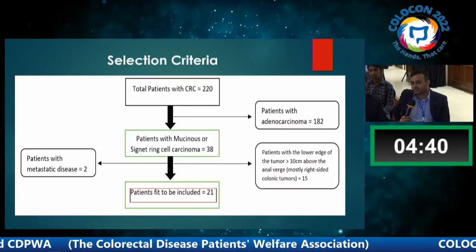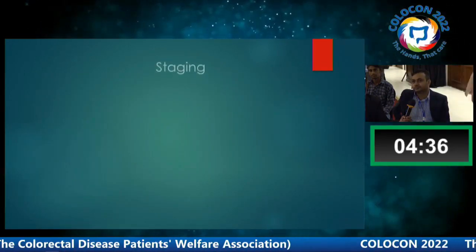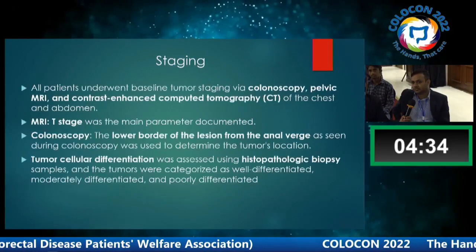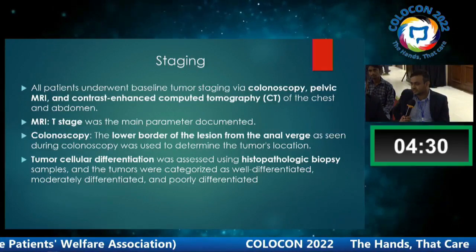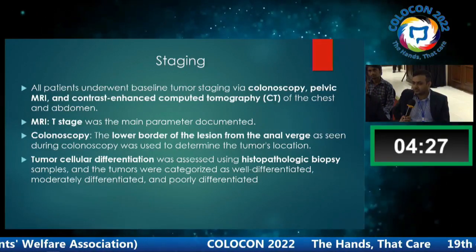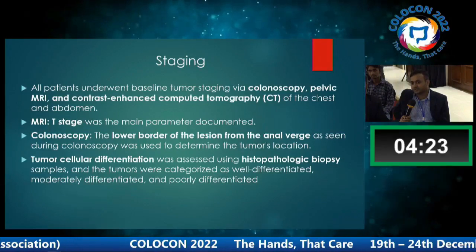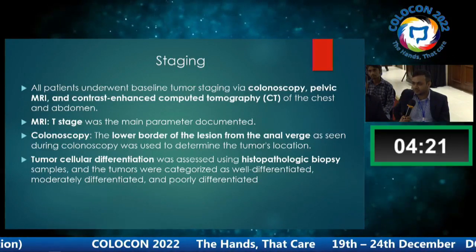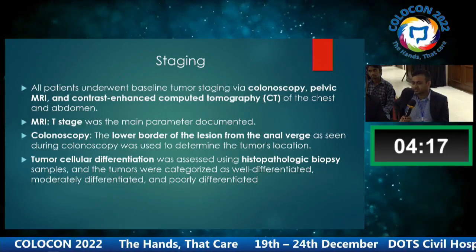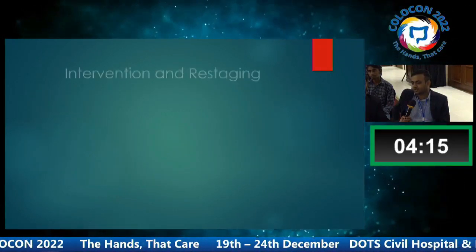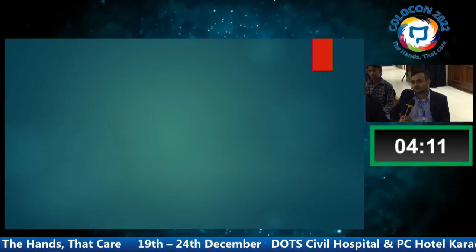So only 21 patients were fit to be included in our study. The staging was done by the usual methods like CT scan, MRI of the pelvis, colonoscopy and biopsy, and all these tumors were presented in the multidisciplinary and tumor board meeting before being referred to the oncologist.